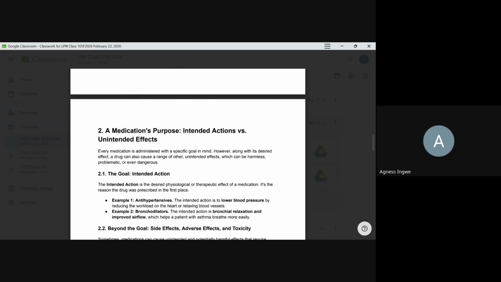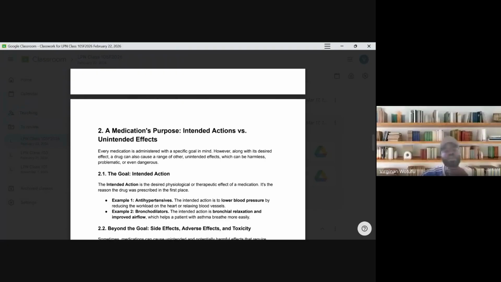And then adverse effects. What do you understand by adverse effects if the side effect actually causes harm? We should know side effects and adverse effects. They are two different things, right?